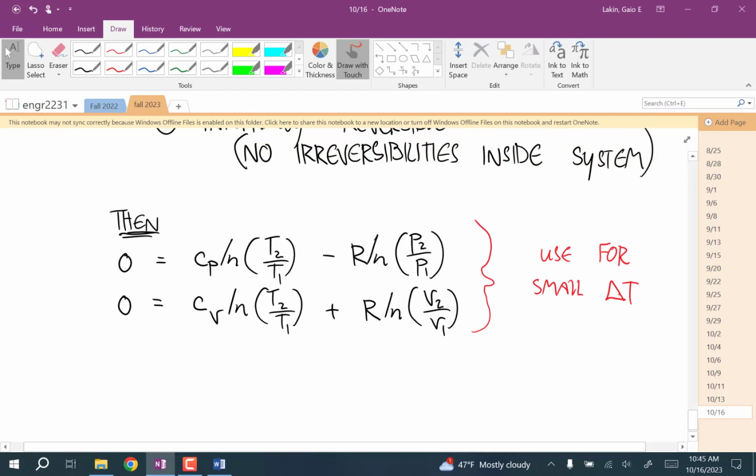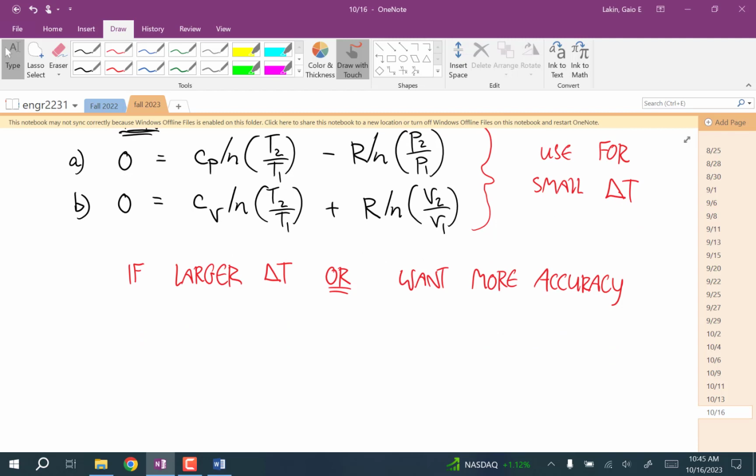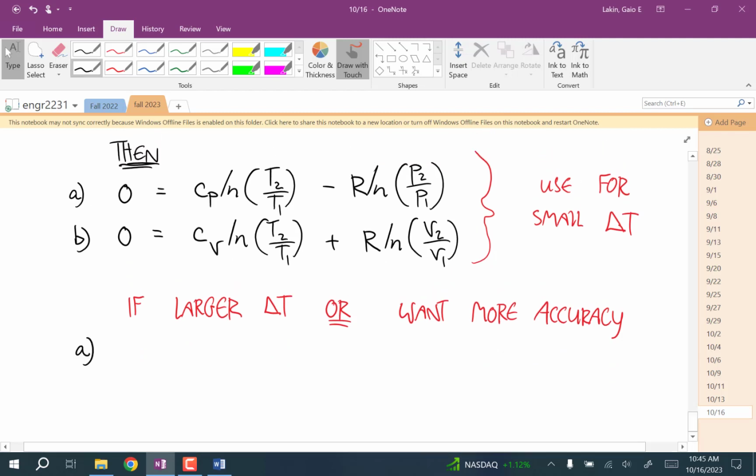Otherwise, let's say this one is equation A and this one is equation B. So if you have a larger change in temperature, or if you want more accuracy, then equation A says Cp times the natural log of T2 over T1 is equal to R times the natural log of P2 over P1.